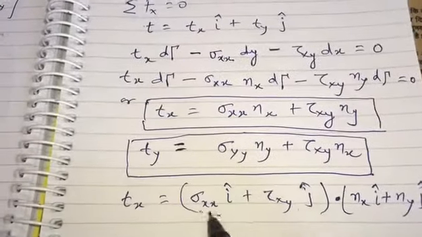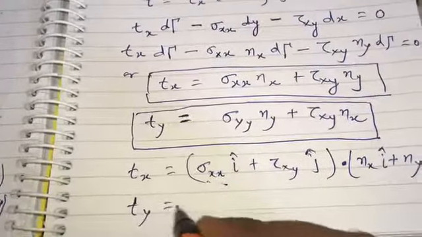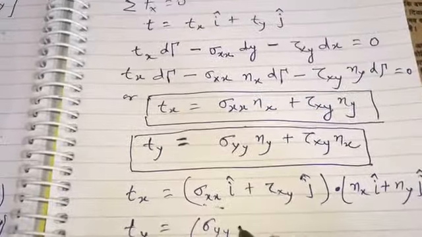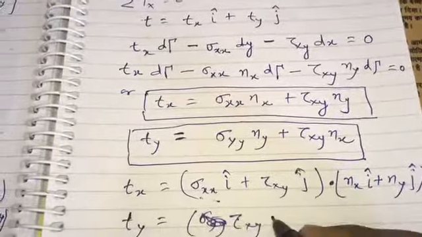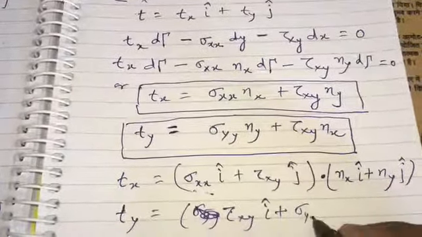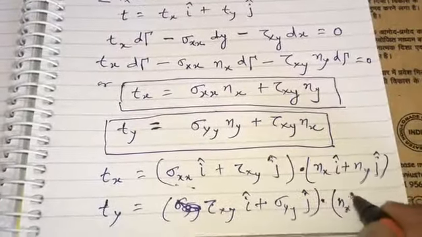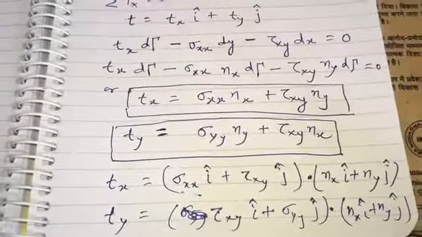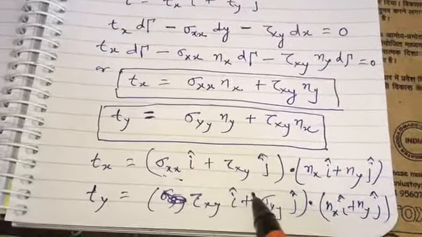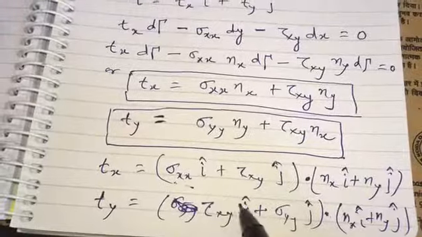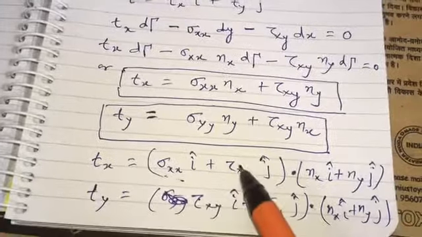So this is a new vector which comprises sigma xx and tau xy, and similarly ty you can write as (tau xy i plus sigma yy j) dot (nx i plus ny j). So this relationship also is important, and we are most likely to use it when we are converting from the strong form to the weak form.